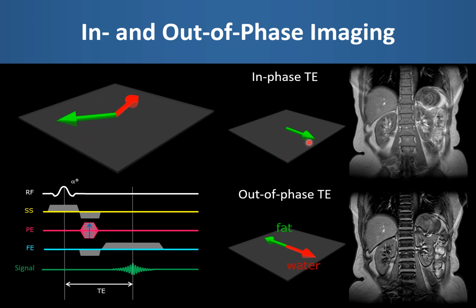In the out-of-phase images, i.e. those that have been acquired with the echo time equal to the out-of-phase TE, you will see a black line surrounding tissues where the voxels contain an equal admixture of water and fat, resulting in signal cancellation. Obviously, we do not see that appearance when we've acquired images at the in-phase echo time.